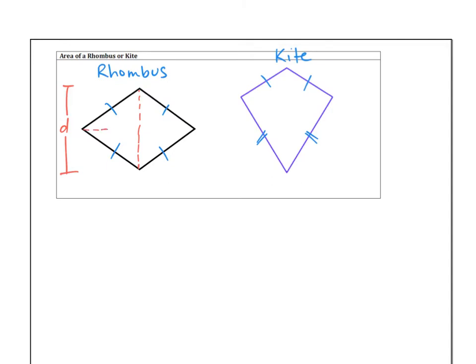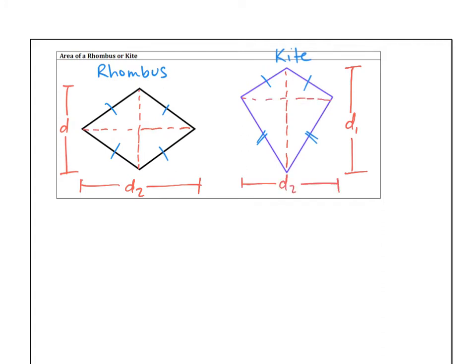The other diagonal will again connect opposite vertices, so it will start here and go as wide as that rhombus is. Same thing with kites. So let's say this is our first diagonal, and then here's our second diagonal. So it's the width from opposite vertices.